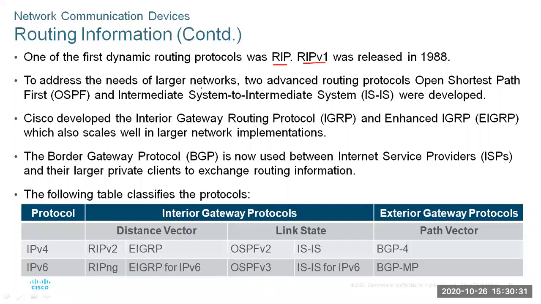So to address the needs of larger networks, we use other routing protocols like RIP, we use OSPF, we use IS-IS, that's intermediate system. We can use IGRP, EIGRP also. So all these things that I'm circling here, they are dynamic routing protocols.